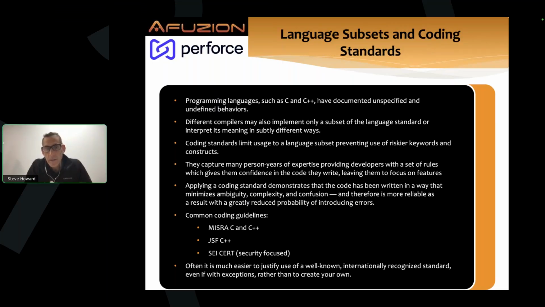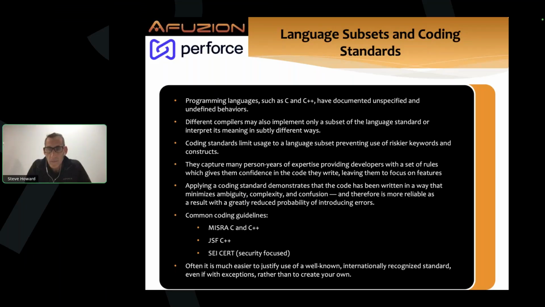And coding standards then evolved further because they really capture the experience of developers that have been there before and seen the issues that we've created in the past. So we can not only use them to restrict the language usage to a subset that is not using any of the unspecified or undefined behaviors, but also to use the generally safer behaviors, and things that are not so safe to use, we can exclude.